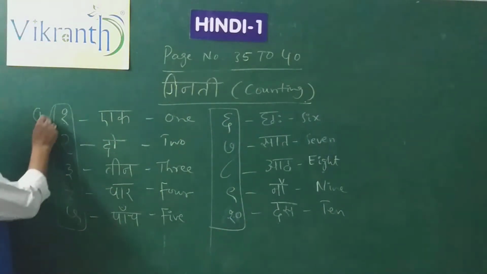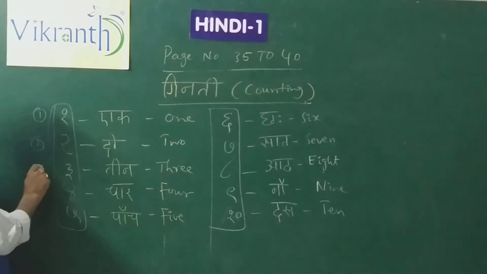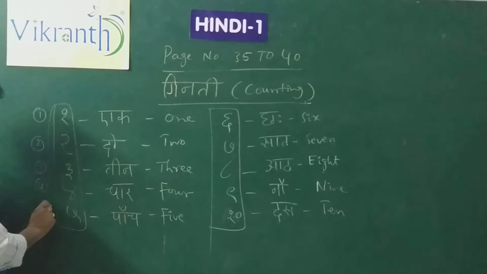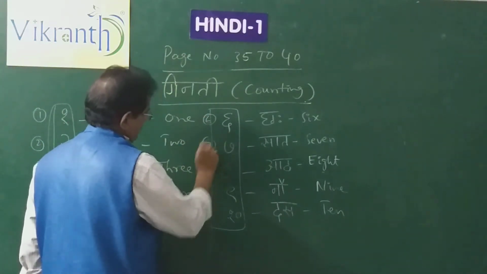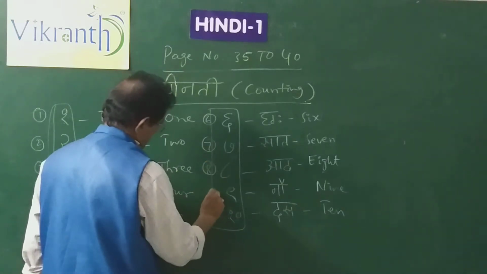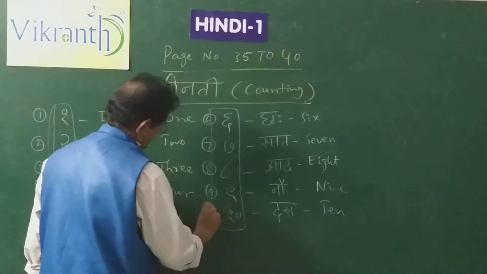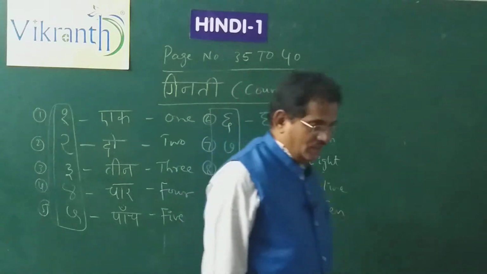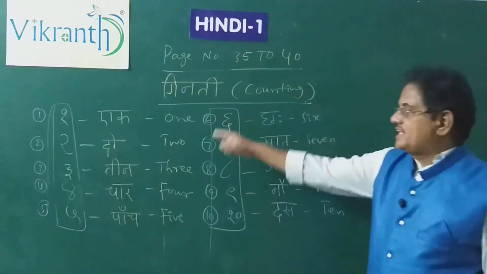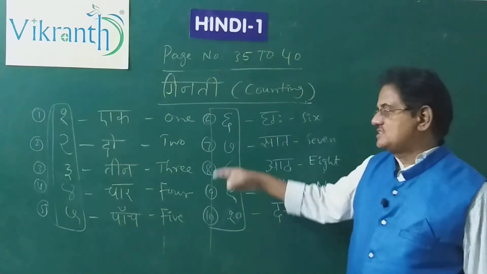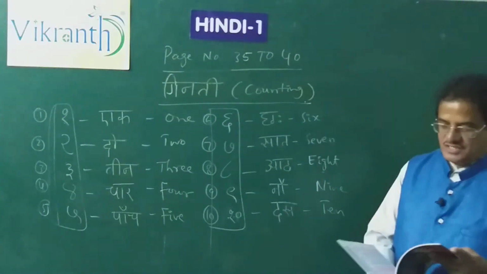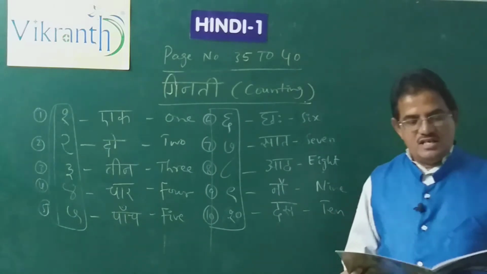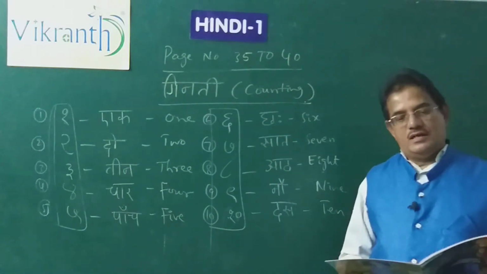This is 1, this is 2, this is 3, this is 4, this is 5, this is 6, this is 7, this is 8, this is 9, this is 10. Now you can easily remember these numbers in Hindi. We call them under Ginati.